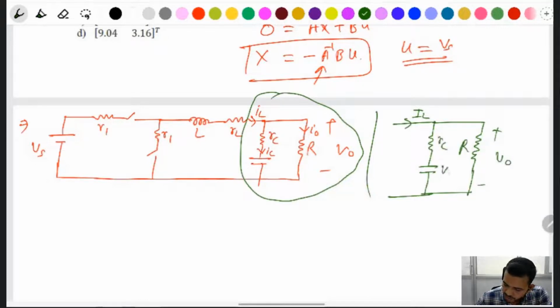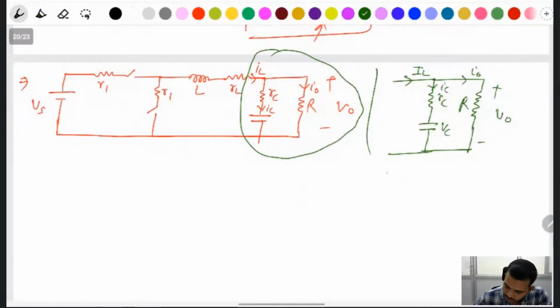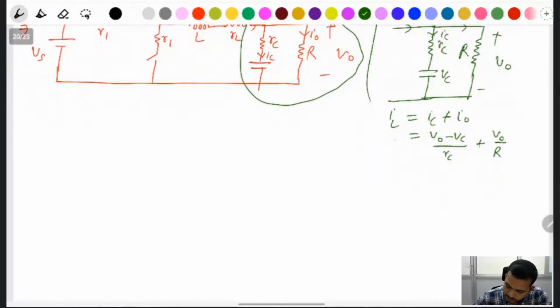This one R, total voltage V naught, RC, one VC, IC, and this one I naught. I have written IL is equal to IC plus I naught. IC is written like V naught minus VC divided by RC, plus I naught written like V naught divided by R.